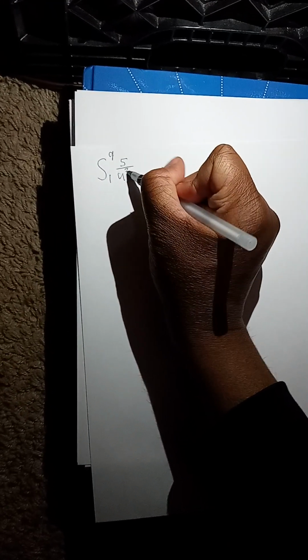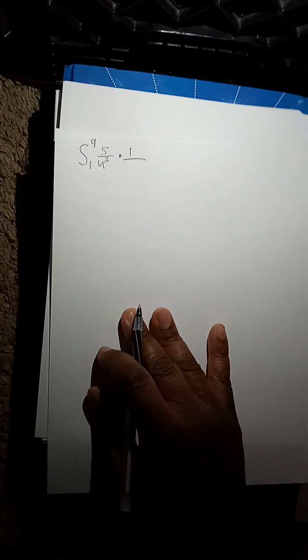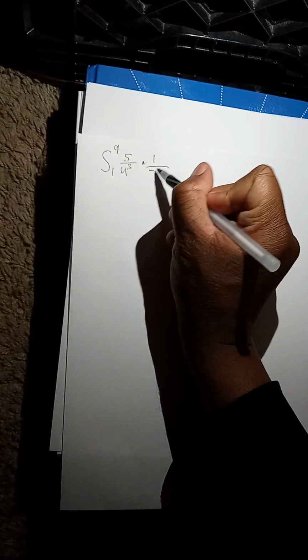So the integral from 1 to 9 of 5 divided by u to the 3rd, and we simplify that as 1 times 1 is 1 divided by negative 1/2 times 1 is negative 1/2, du.